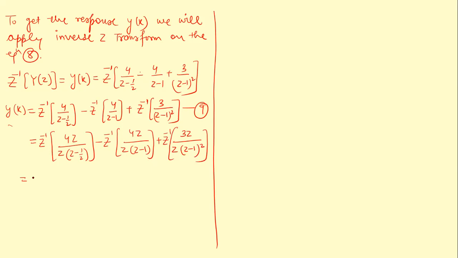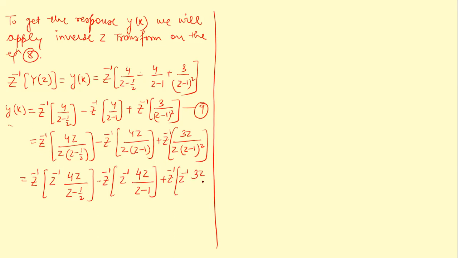Now we can further write this equation as inverse z transform of 4z by z minus 1 by 2 minus inverse z transform of 4z by z minus 1 plus inverse z transform of 3z by z minus 1 whole square.